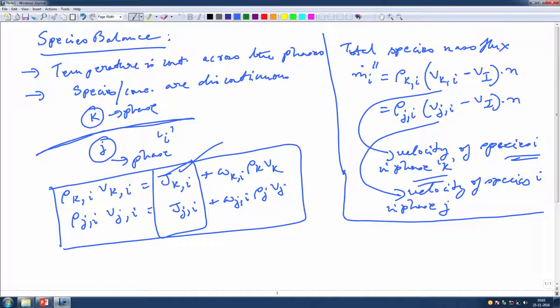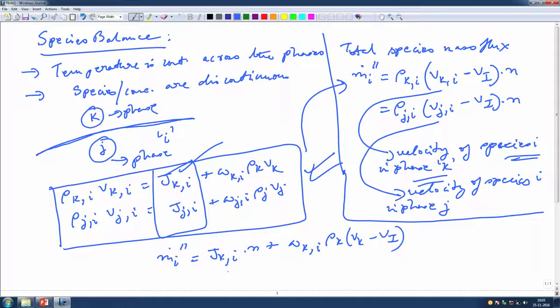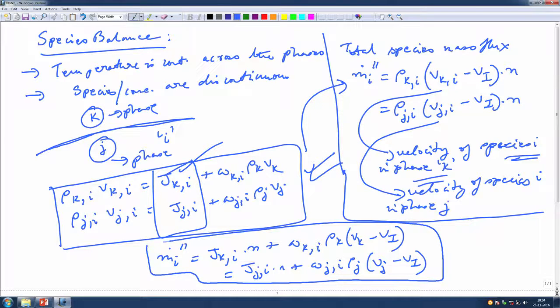Now, if you substitute these relationships back in the main governing equation, you get your m dot I double prime as j k I dot n plus omega k I rho k (v k minus v I), which equals the corresponding expression for phase J. So, that is now the species flux of the ith species.